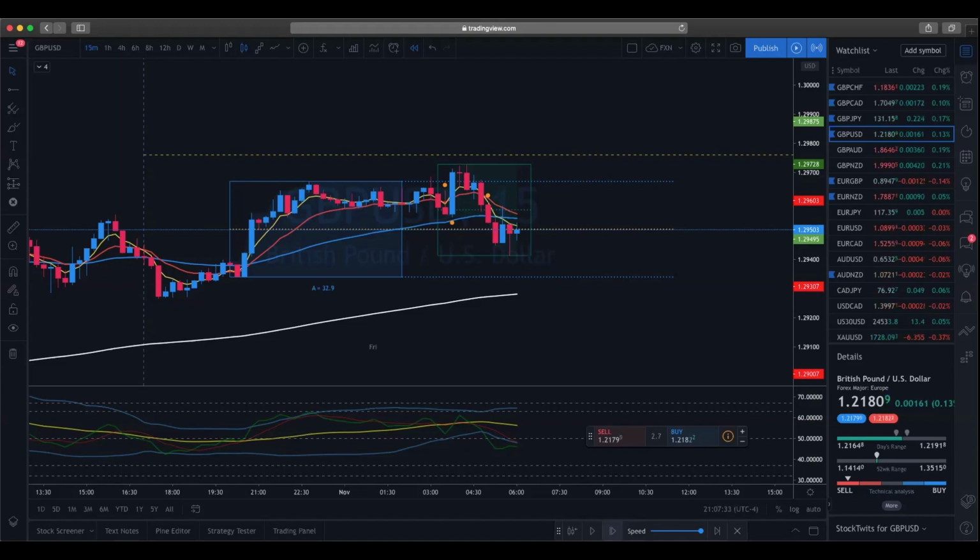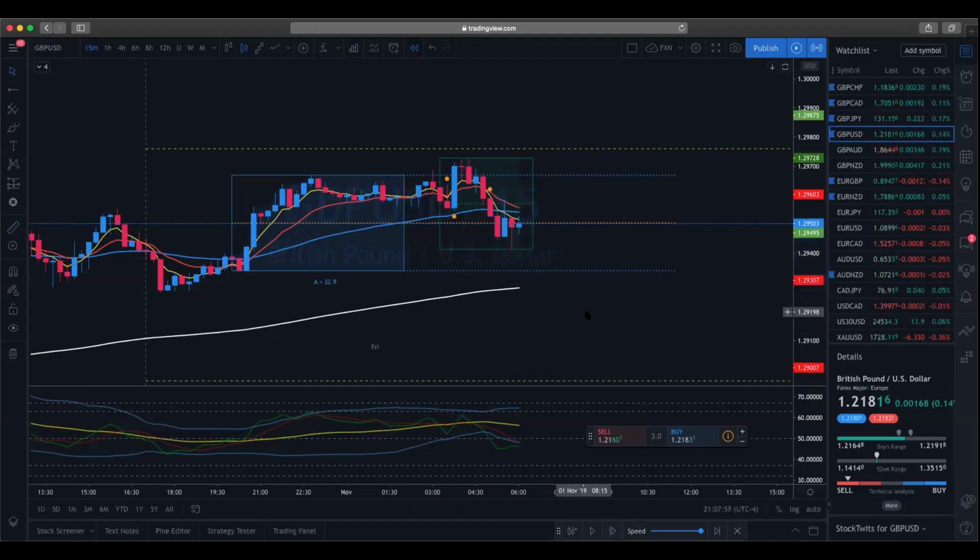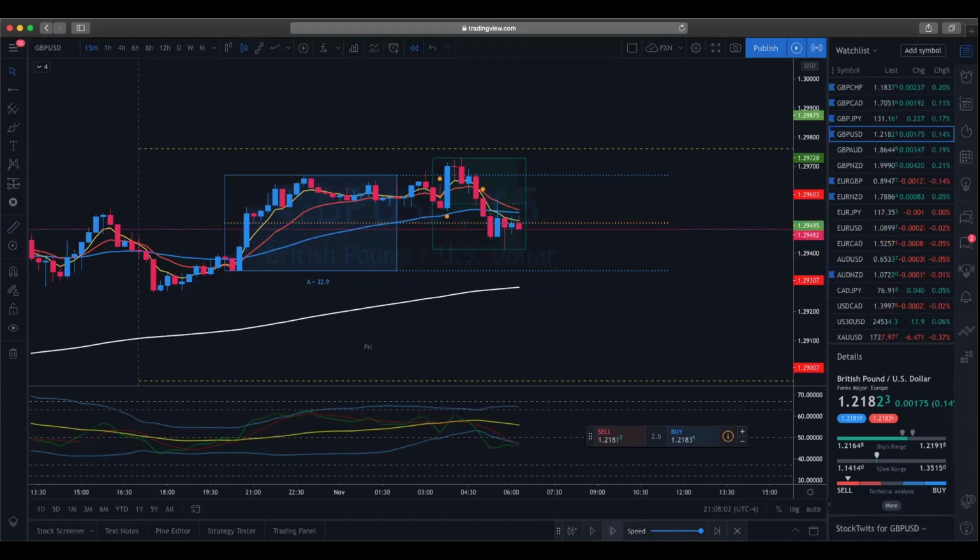Still a buy. I mean, how far are you away from the 200 anyways? You're only 22 pips away from the 200. It wouldn't make any sense.